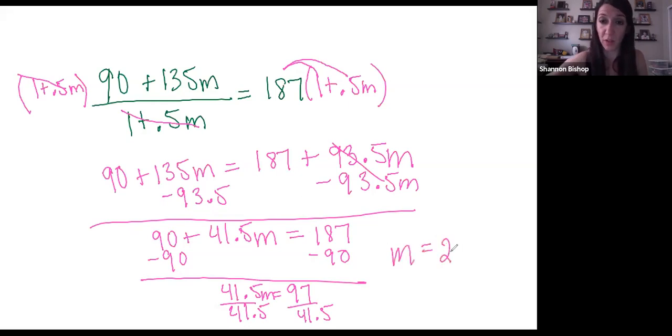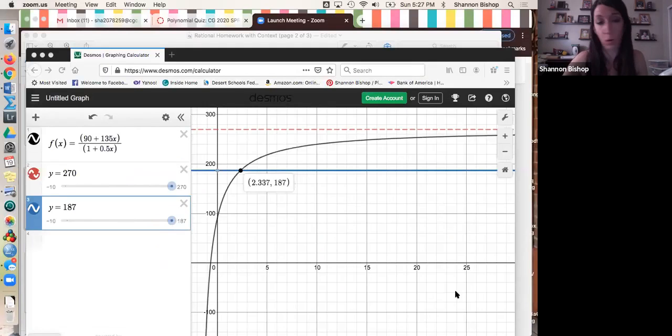M equals 2.337. Please tell me that's what we got on Desmos too. It should have been. Yes, totally is.